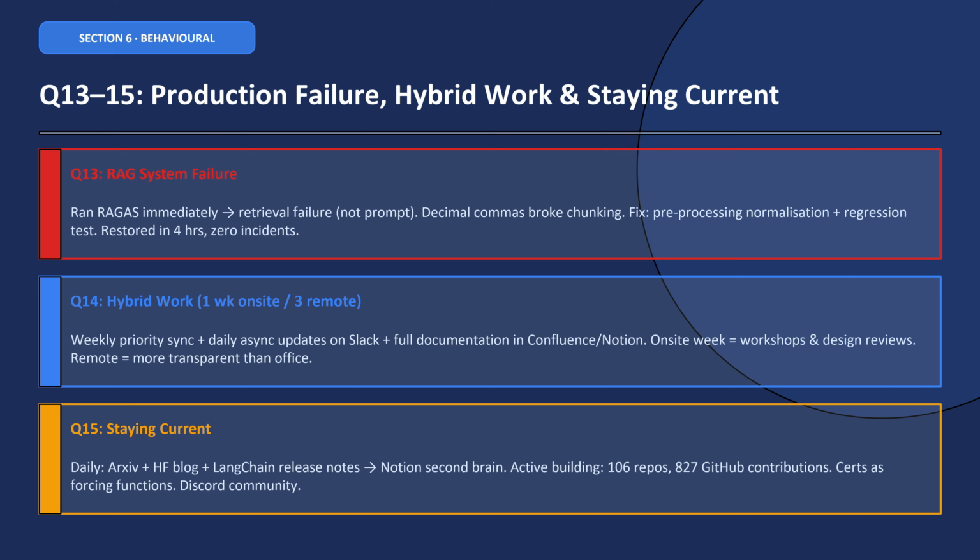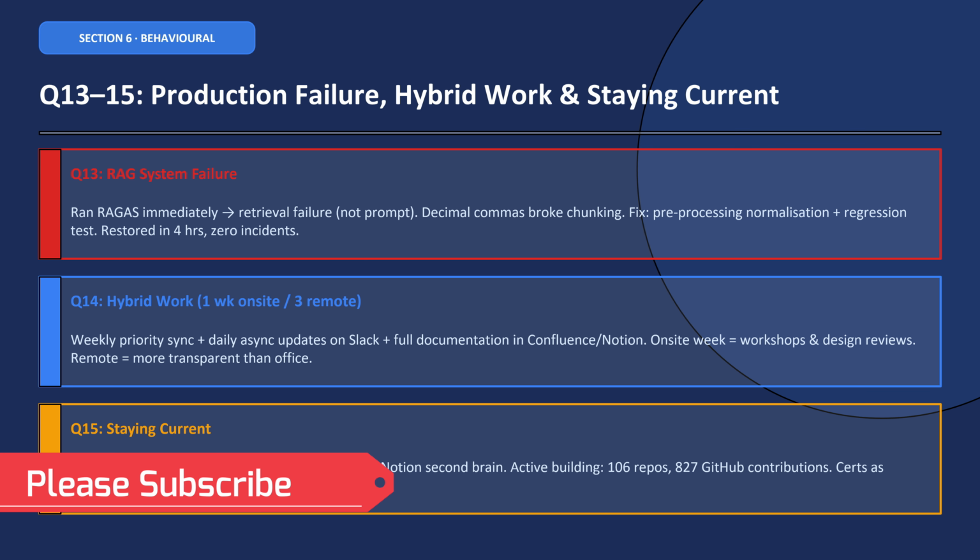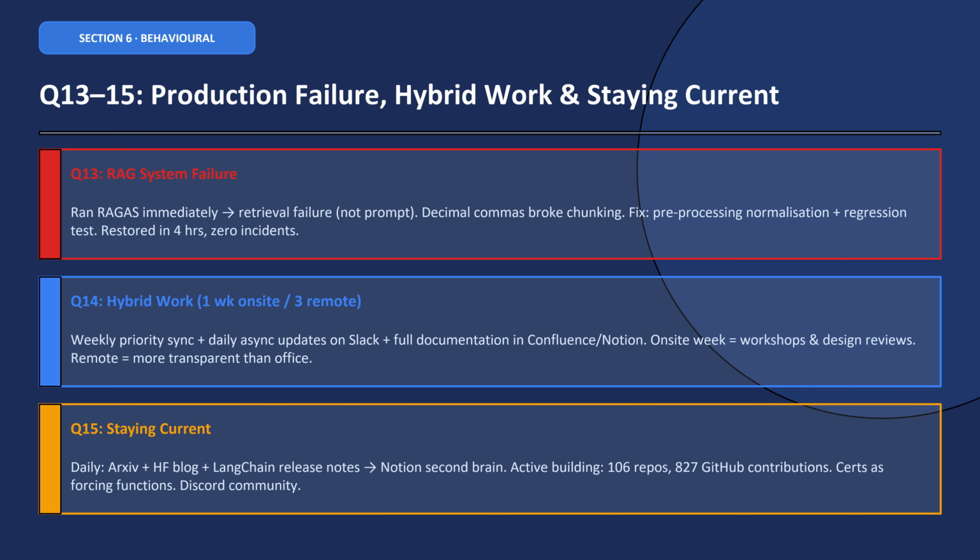I ran a rigorous evaluation pipeline immediately. And crucially, I identified it was a retrieval failure, not a prompt failure. The new documents used European decimal commas, which our chunking logic treated as sentence boundaries, breaking numerical context completely.